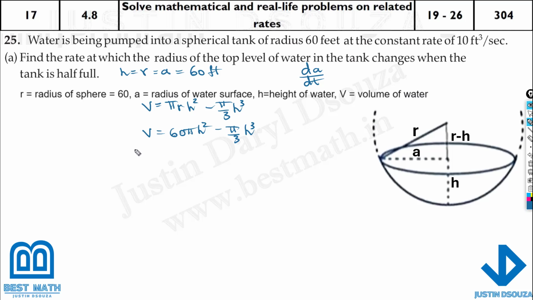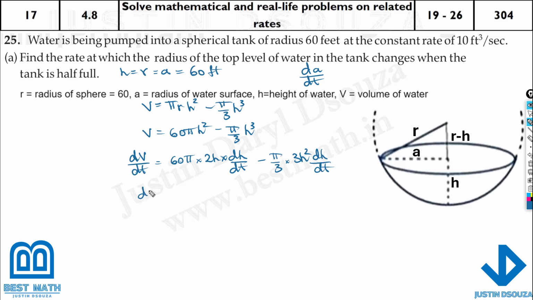Let me do implicit differentiation over here. It will be dV with respect to time, that is equal to 60 pi times 2h times, don't forget there is dh by dt, minus pi by 3 times 3 h squared dh by dt.